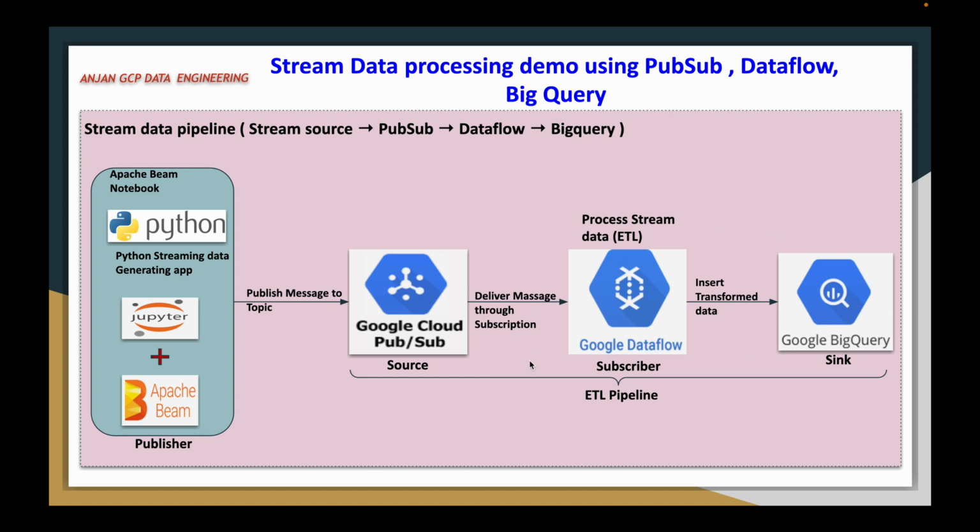So this whole thing is an ETL pipeline, and Dataflow is acting as an ETL tool for us in this case. Now let's quickly go to the demo and perform these tasks one by one.